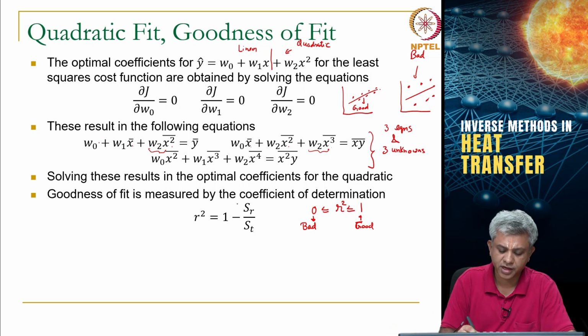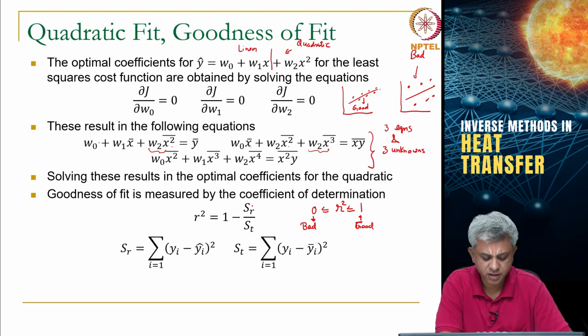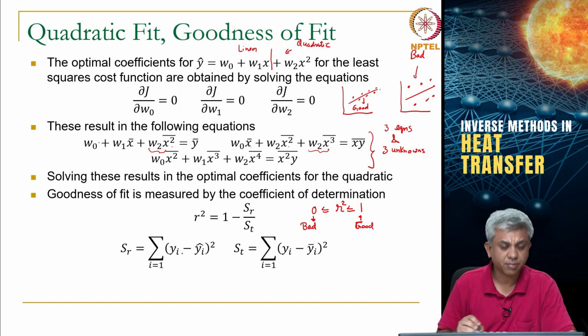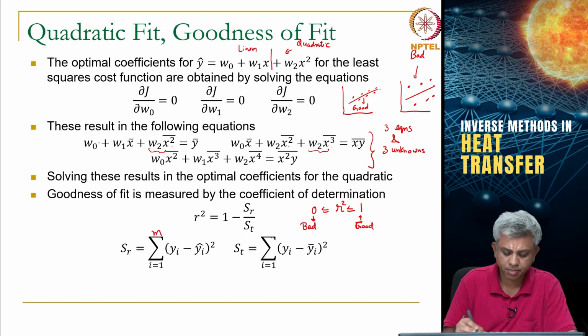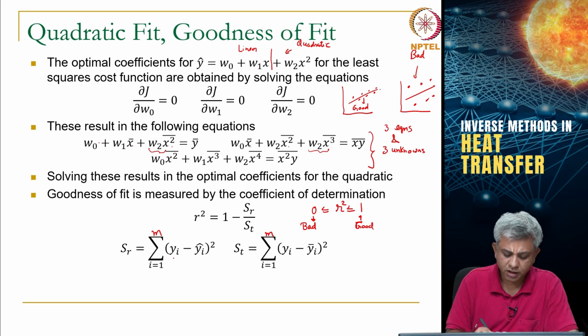This would happen if the net error is 0. The definitions of these 2 quantities SR and ST are: SR is given by the summation from 1 to m, the number of data points, of the truth minus our model, squared.